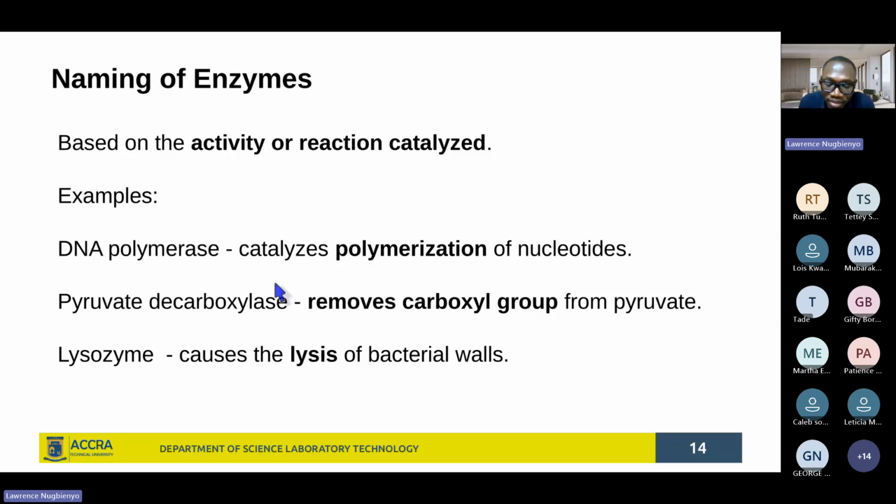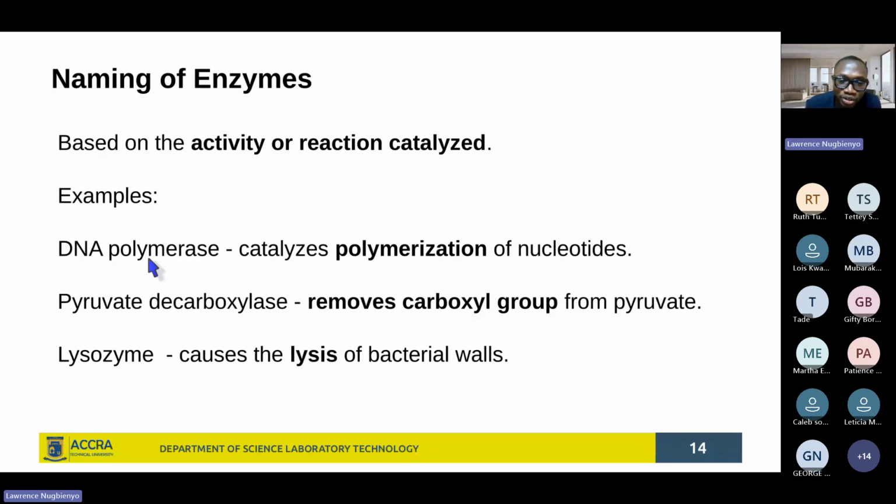Another way of naming enzymes is based on the activity that the enzyme is catalyzing. So, for instance, you hear of the name DNA polymerase. That enzyme, DNA polymerase, catalyzes the process of joining nucleotides, the basic units that form nucleic acids, together.